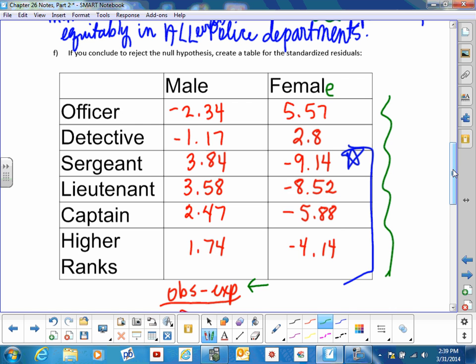It's also always good to give a specific piece of data, so I would definitely comment on the piece of data that is most outstanding, the one that is farthest away from expected. Here I can see that females are most grossly underrepresented in the rank of sergeant, because the standardized residuals are telling me that's the farthest one away from expected, when you compare them to each other.